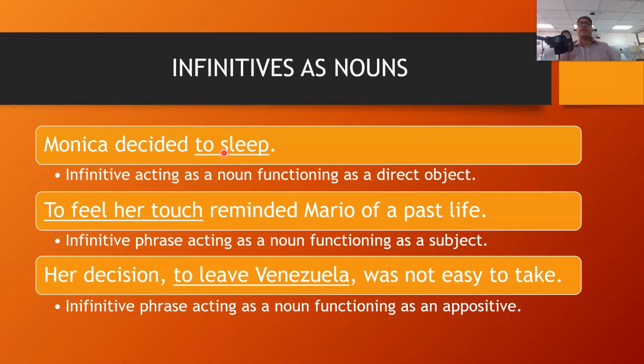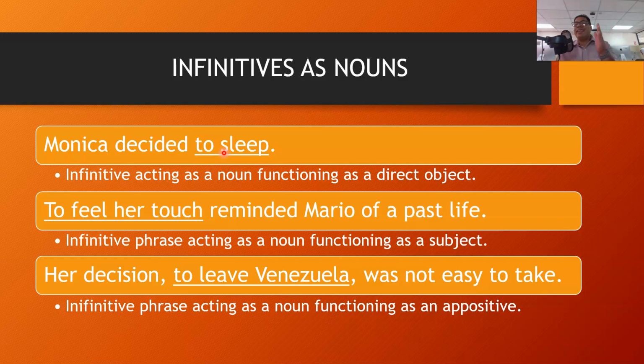The last example that I have for you guys of infinitives as nouns is the next one. Her decision to leave Venezuela was not easy to take. Now that's an infinitive phrase again, and it's acting as a noun, and it is functioning as an appositive. Why is it an appositive? Well, you know this, right? What is her decision? I am renaming the decision.